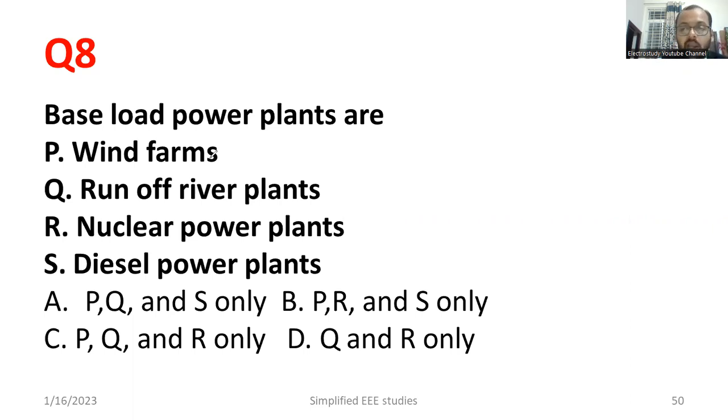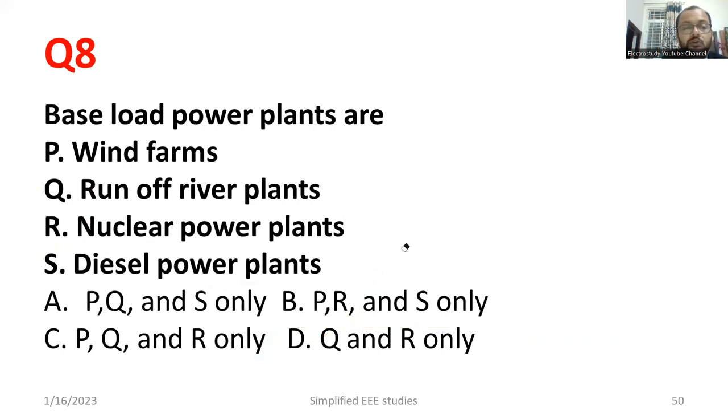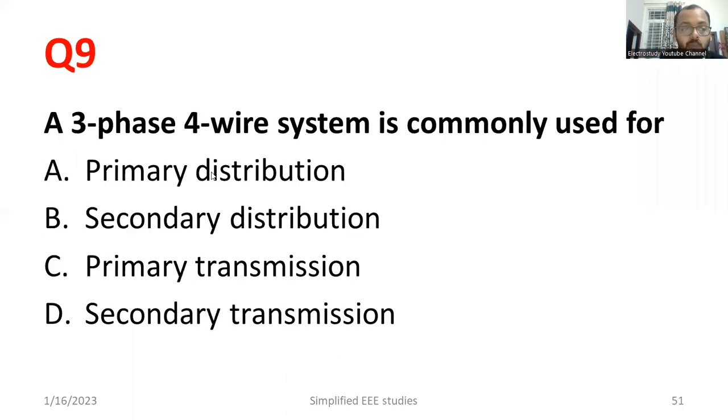Every time it won't be operated. The run-of-river hydropower plant and nuclear power plant need to be operated throughout the day. So better choose Q and R. Options Q and R belong to base load power plant. So the right option is D. You can go for D. That is the difference between base load and peak load power plant. Usually, the operating cost of base load power plant is less compared to peak load power plant.